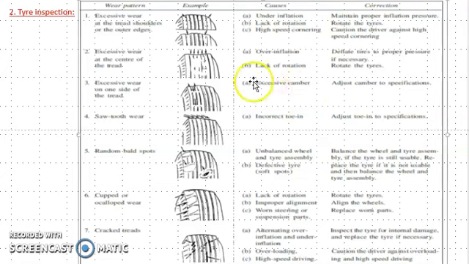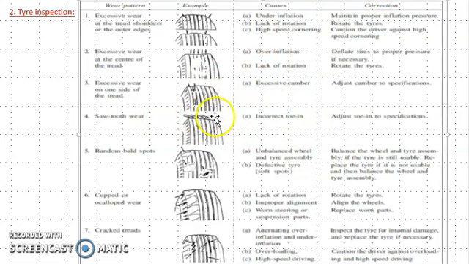We are going to learn about camber, toe in and caster, these angles, in the steering chapter. Here you remember that there should be proper angles, otherwise the wear will take place on one side. Excessive camber or incorrect toe in is the steering angle issue.